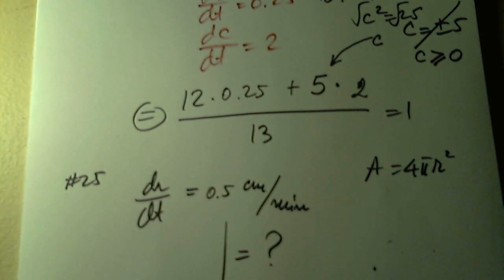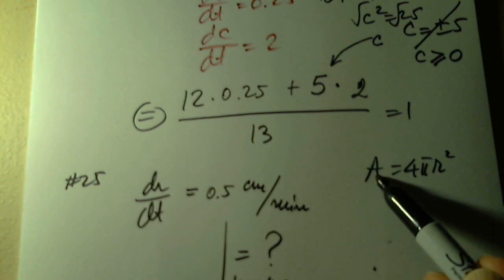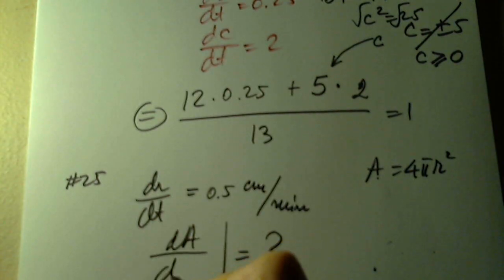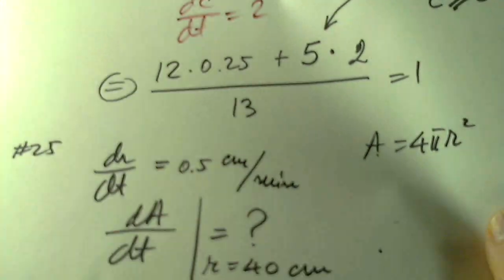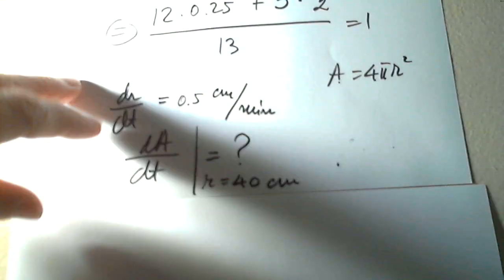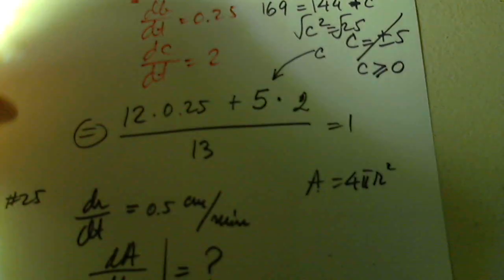So they're giving us the surface area of a sphere. Find the rate at which its surface area is changing at the moment when the radius is 40. So we have to find dA over dt. That's exactly what we're asked to determine. And all these rates will be positive because everything is increasing in this case. Good. Perfect.